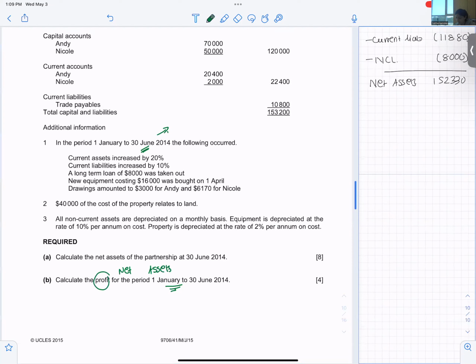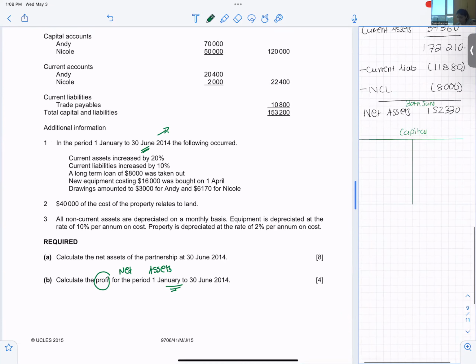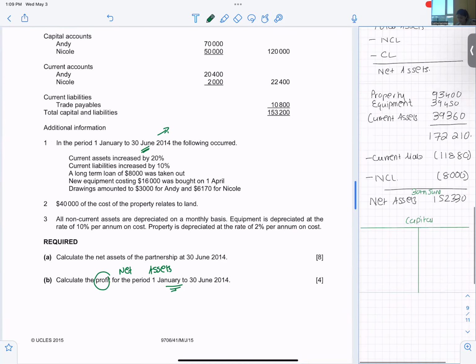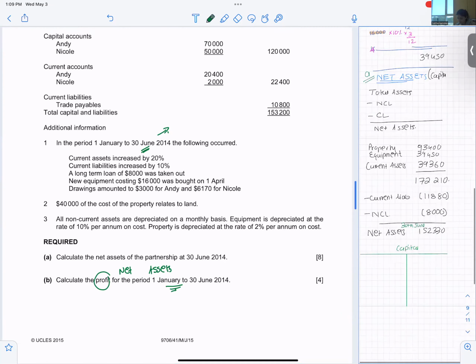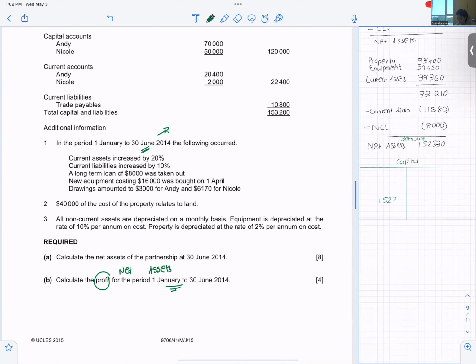You will prepare a capital account. You know the net assets on 30th June that you just calculated. So the closing capital is 152,330.